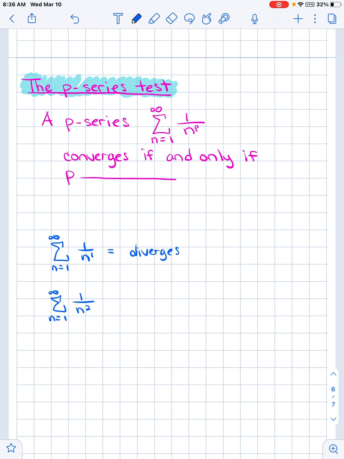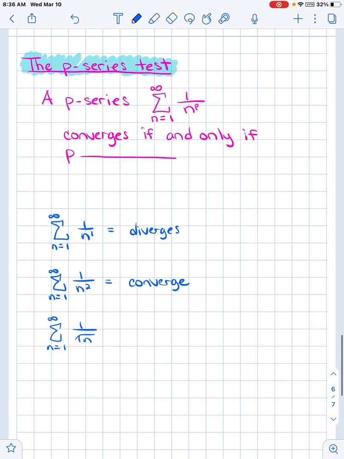We looked at the other, the sum from n equals 1 to infinity of 1 over n squared. We knew that this one would converge, and p is 2. So what about in situations like 1 over the square root of n, where p is 1/2? What about if p gets even larger?